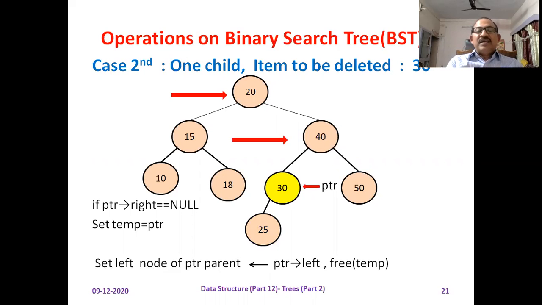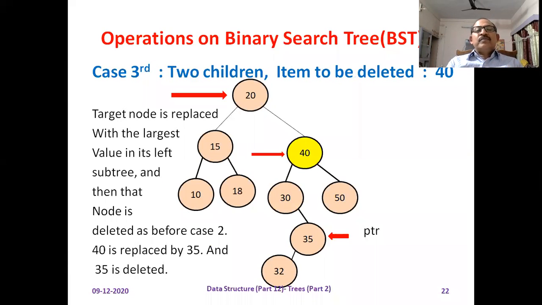What we will do in this case, we simply check if PTR right is equal to null, set temp equal to PTR, and set again left node of PTR parent, which means 40. The left of the 40 now points to PTR left, which means 25. Okay. And now we are free to delete the node 30. Is it clear?